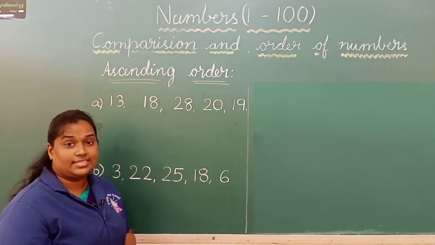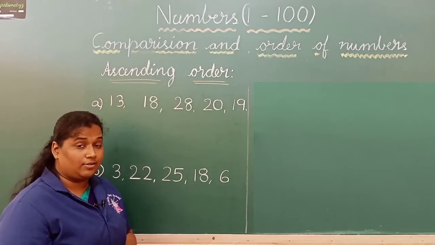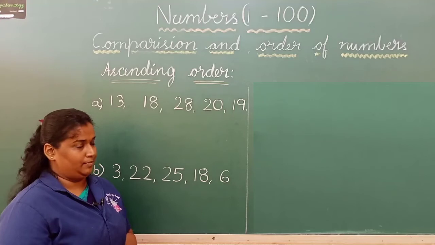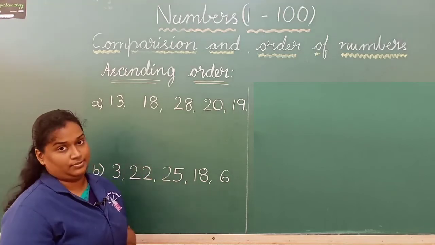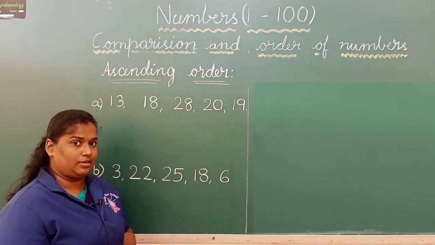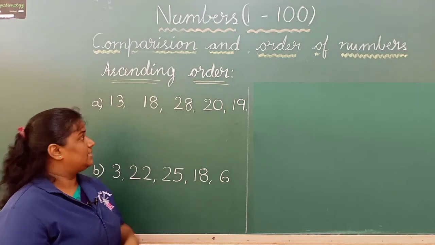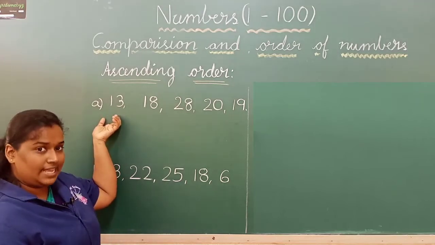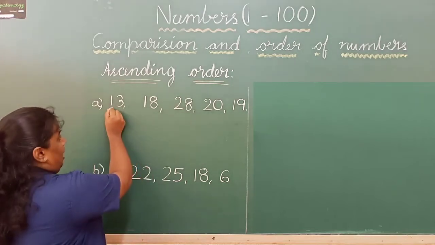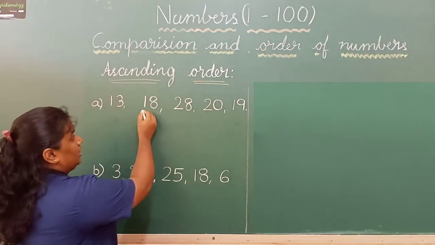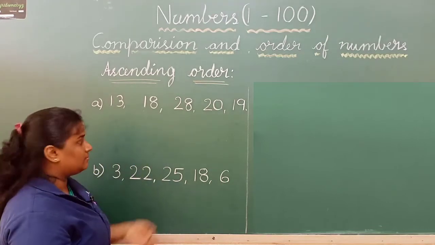To write in ascending order, first we have to write the smallest number. Among the given numbers, which is the smallest number? Yes, we have to look at the tens places. Here we have 1 ten. Here again we have 1 ten.